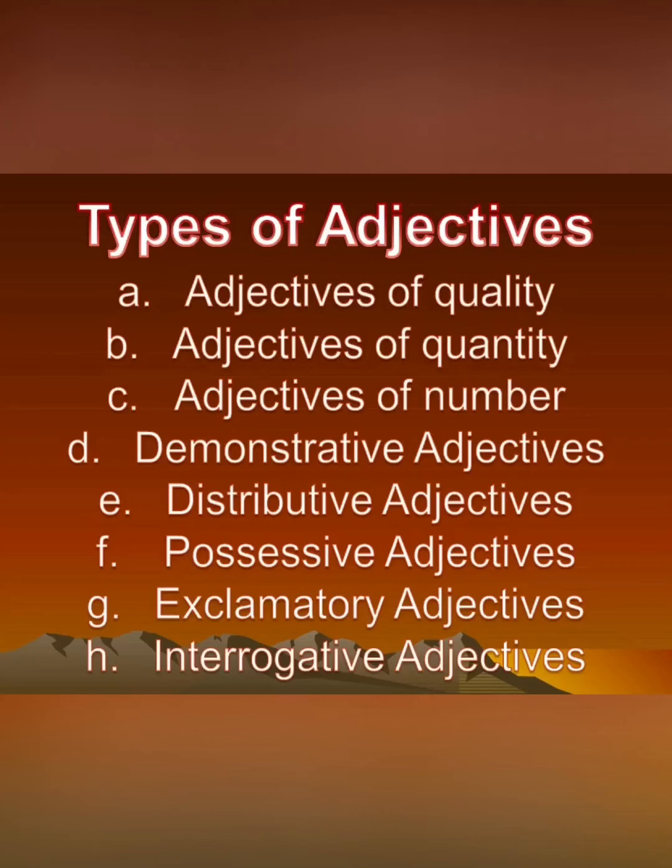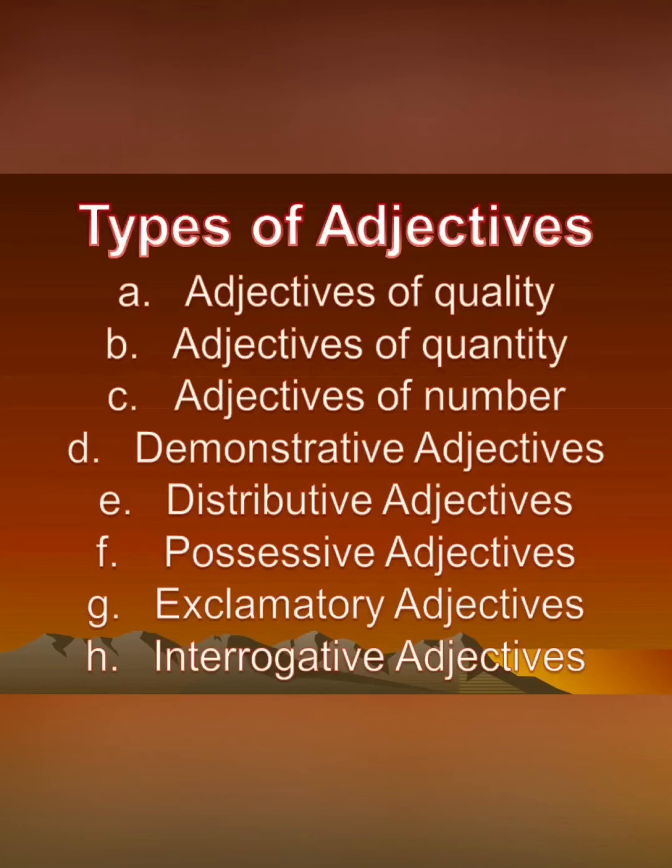Next we have the adjective of quantity. Adjective of quantity helps to show the approximate amount of the noun or pronoun, like all, half, many, few, little, enough, etc. Let's see the example: they have finished most of the rice.